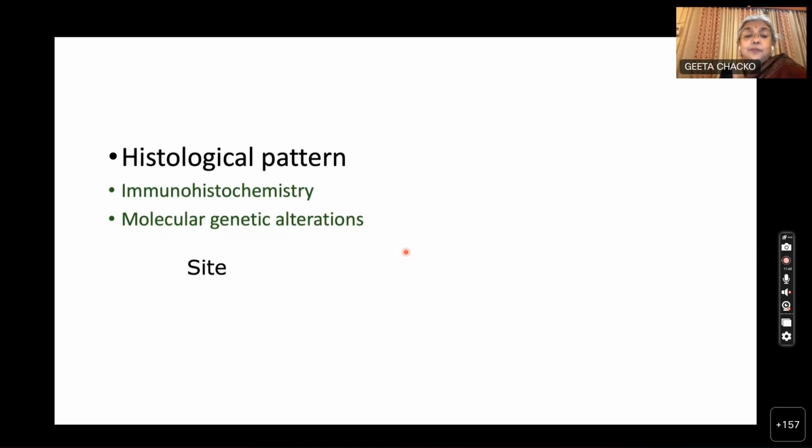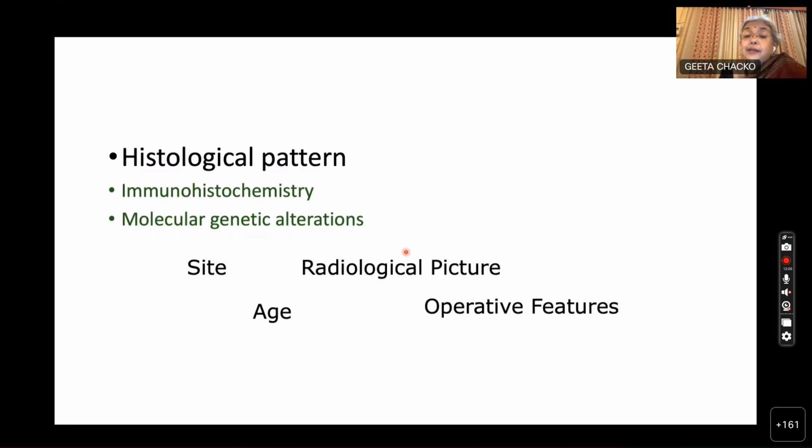But also important are, like Kajri said, the site of the tumor, which affects what we consider as a diagnosis, the age of the patient, because different age groups have different tumors that are more likely to happen, the radiological picture, like Kajri showed you, that has a lot of information for us, and extremely important also are the operative findings. One thing I haven't mentioned is the duration of symptoms.